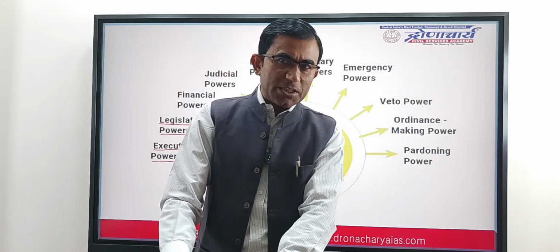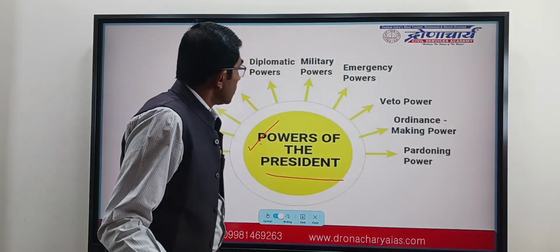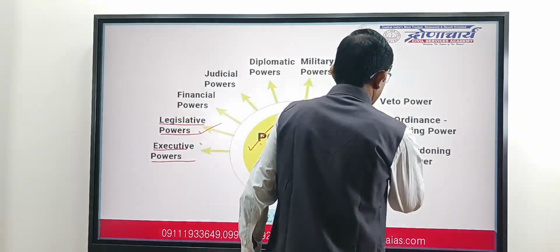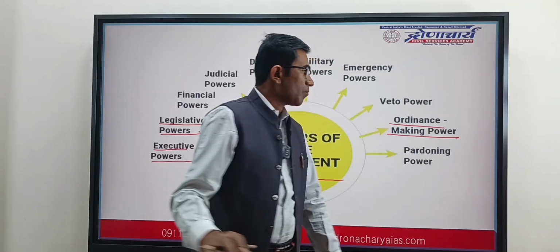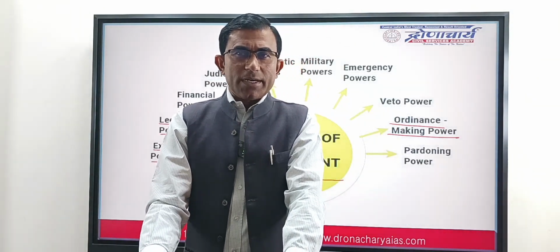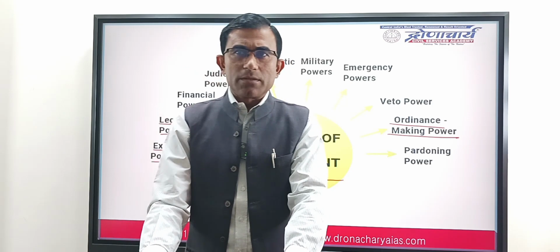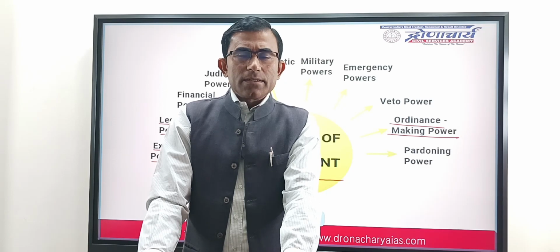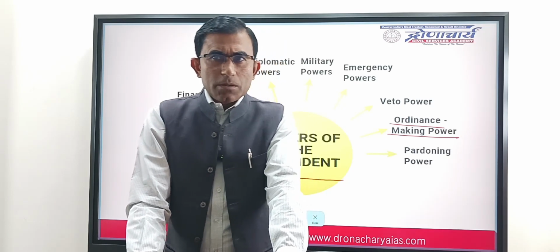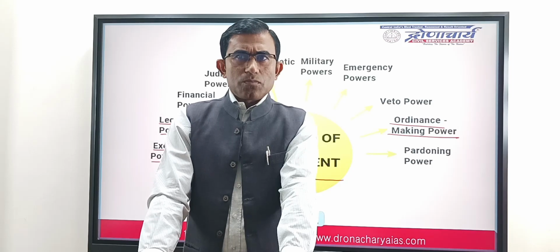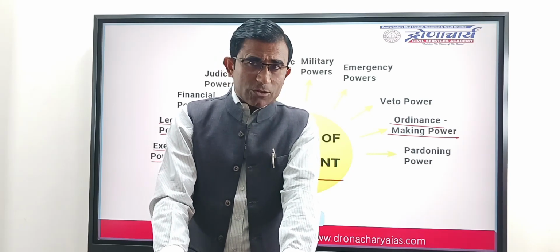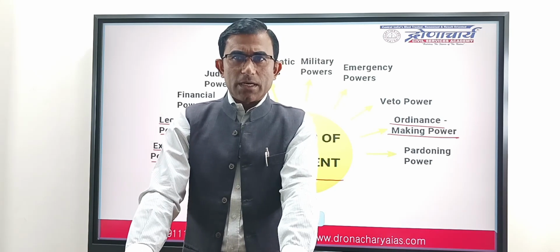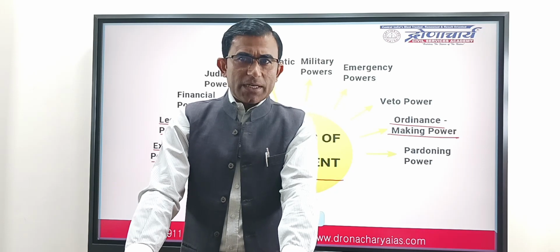Ordinance making power of the President. Under Article 123 of the Constitution, the President can promulgate ordinances during the recess of the Parliament.